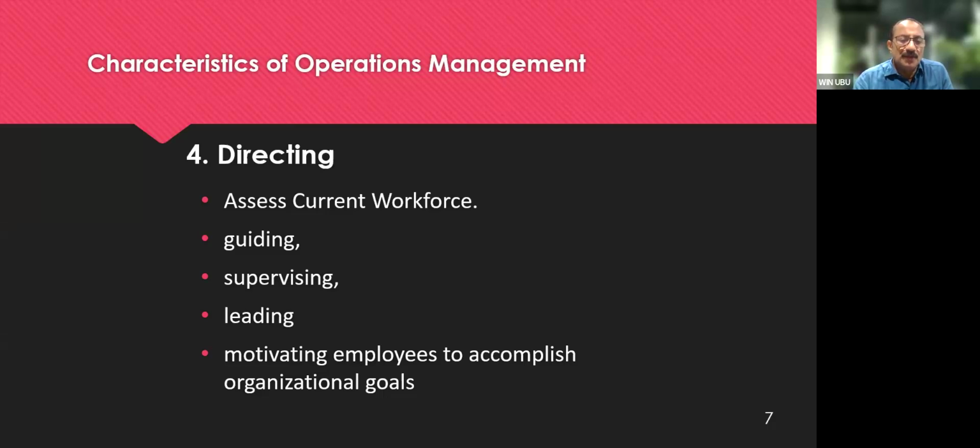Supervisors control and monitor them, and on top of supervisors there will be assistant managers or managers, directing them on work allocation so the operations function moves on smoothly. And leading means they have to supervise, because if an organization has 1,000 employees, operations cannot supervise each and everything.